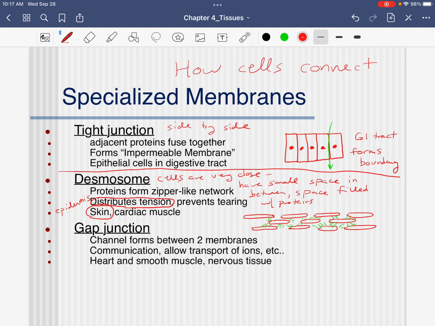If they're dehydrated, it might stay a little deformed for a period of time before recoiling. But in any case, the reason that the skin can be stretched and then recoil is because of these proteins. So it's in areas where we want to be able to have some flexibility and handle some stress. The other example is cardiac muscle, but I'm going to give you the example of the epidermis of the skin, the outer layer of the skin.